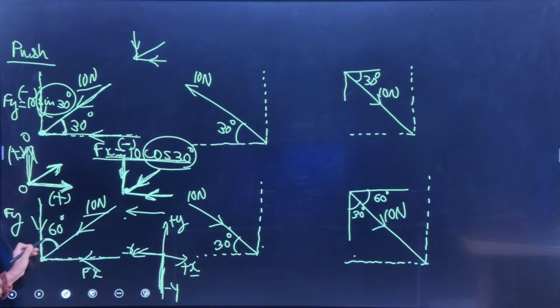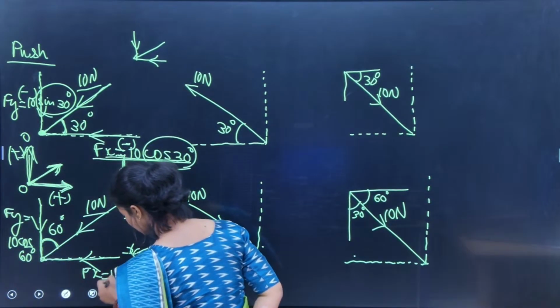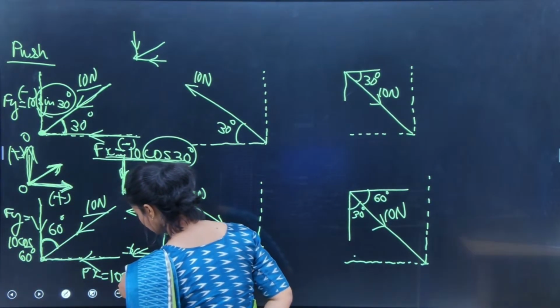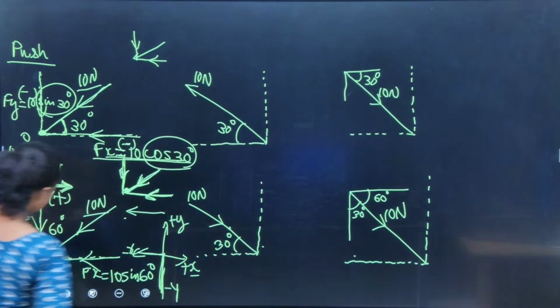Theta is with the vertical. So I can take this as the cos component. This will be 10 cos 60 degrees and this will be 10 sine 60 degrees. Why have I taken 60?